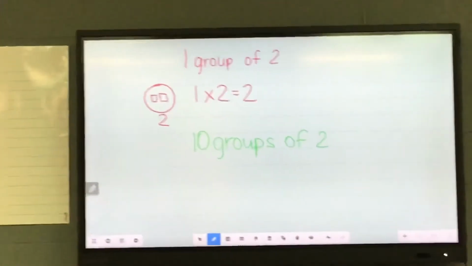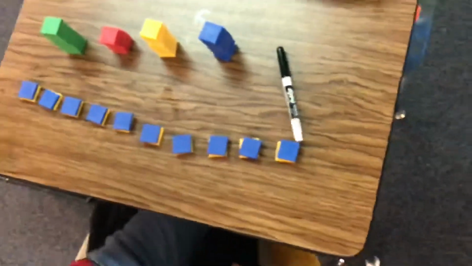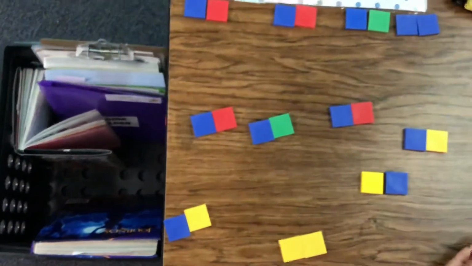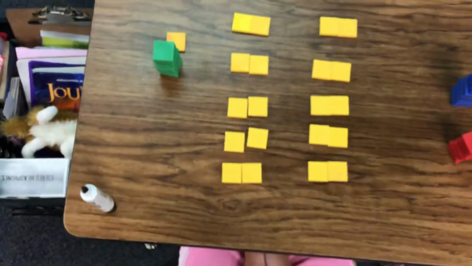I'm going to walk around with the video here. So there are 10 groups of 2.